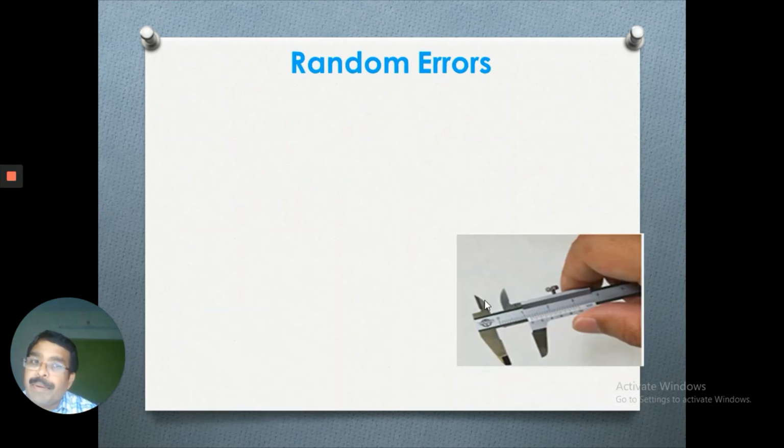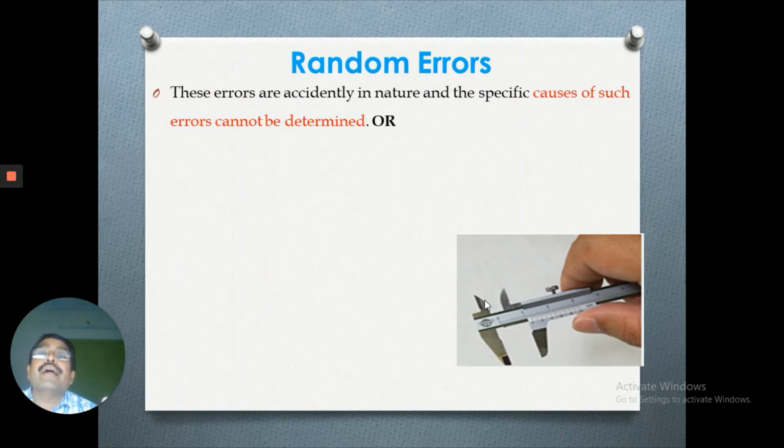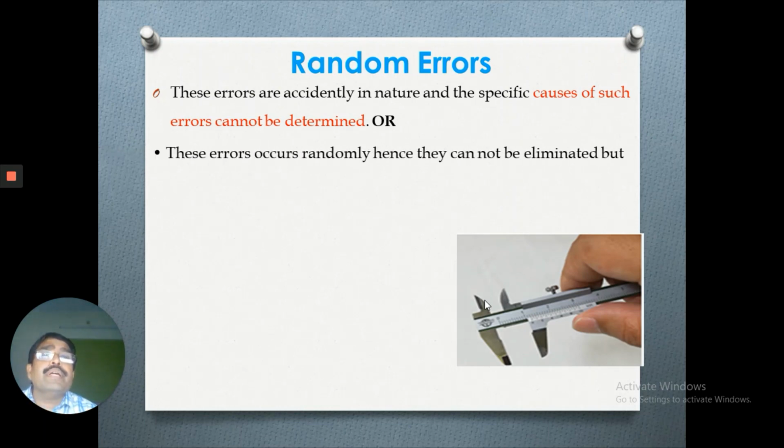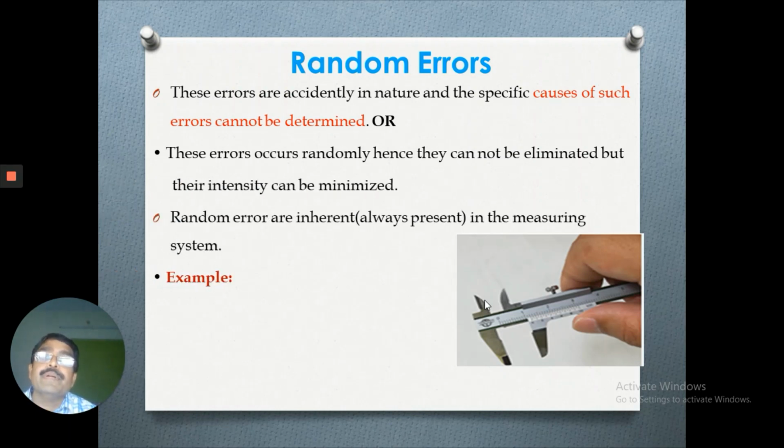Random error: as the name indicates, it occurs randomly, so whatever the errors are, it is very difficult to detect, or it occurs accidentally. If I take an example of this vernier, a slight displacement of the jaws, that is, if there is play between these two jaws, will occur randomly, but it is very difficult to even detect sometimes, and very difficult to remove.